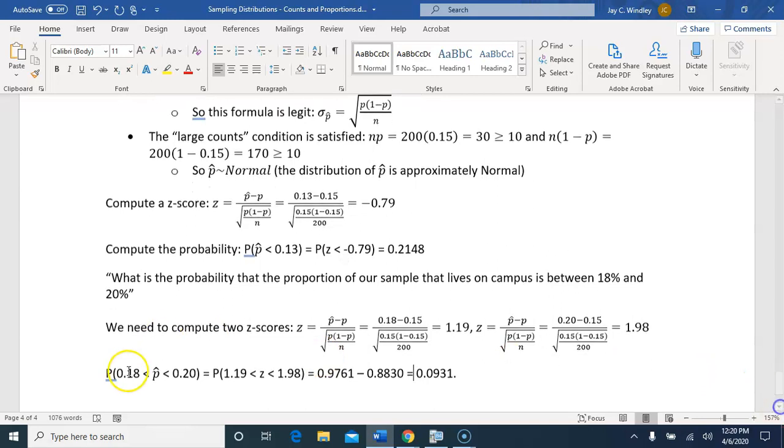So the probability of a p-hat being between 18% and 20% is the same as a z-score being between 1.19 and 1.98. Those two z-scores there. And we look at both of those z-scores on the table, and we subtract the numbers we get from the table, and we get this answer here.